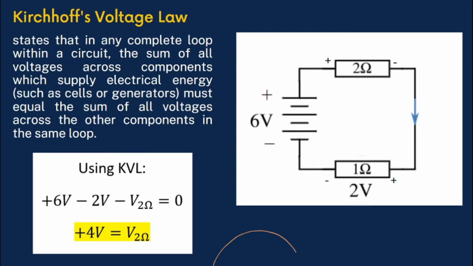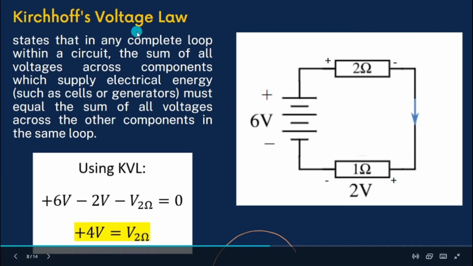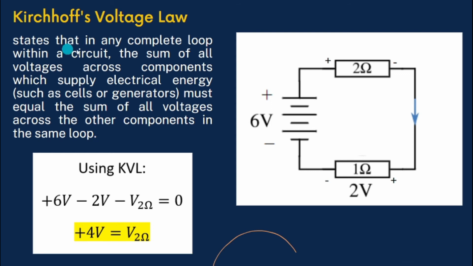Now we move on to Kirchhoff's voltage law. The law states that in any complete loop within a circuit, the sum of all voltages across components which supply electrical energy, such as cells or generators, must equal the sum of all voltages across the other components in the same loop.